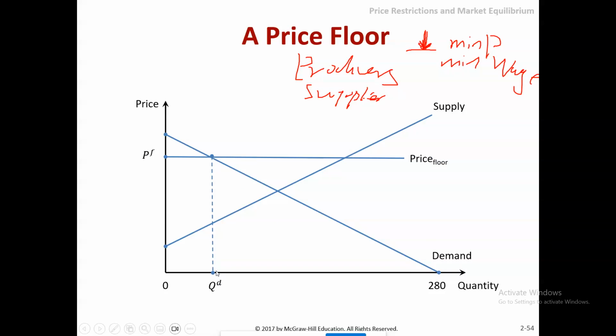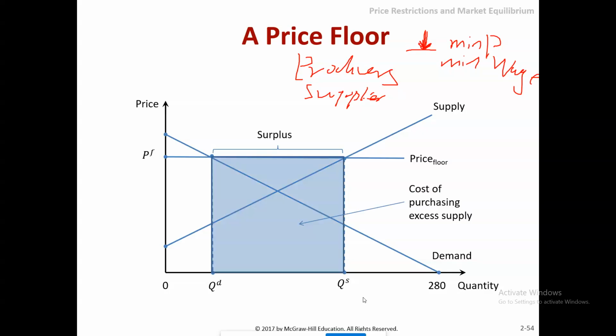Consumers' willingness to purchase is very limited. At such a high price, a lot of resources are attracted onto producing the products. So the quantity supplied is very high. So a lot of products are out there at a high price, unsold. This is called a surplus.